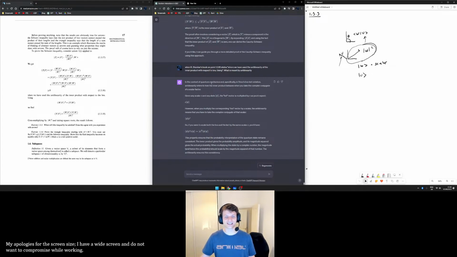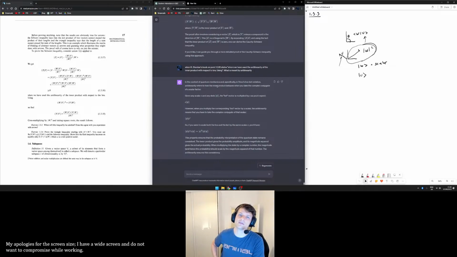Anyway, in the context of quantum mechanics and specifically in Dirac's bra-ket notation, antilinearity refers to how the inner product behaves when you take the complex conjugate of a scalar factor. It's funny. I said the conjugate, but I suppose it doesn't make too much sense to me.